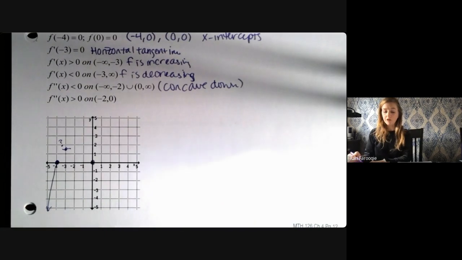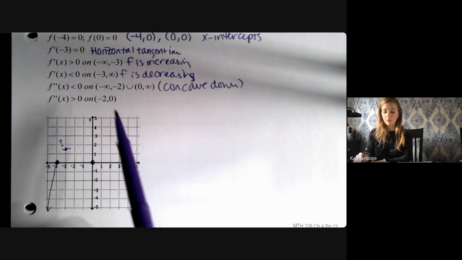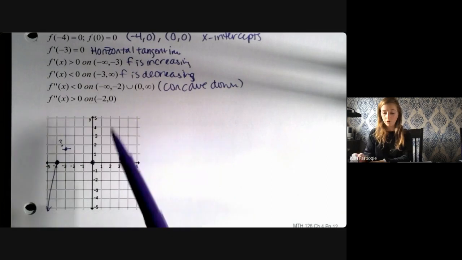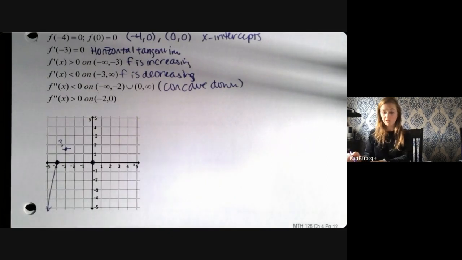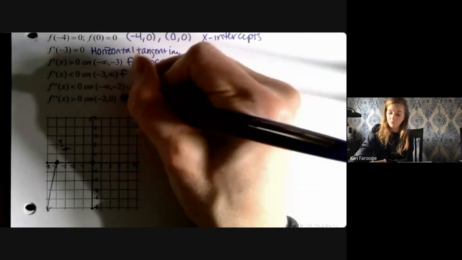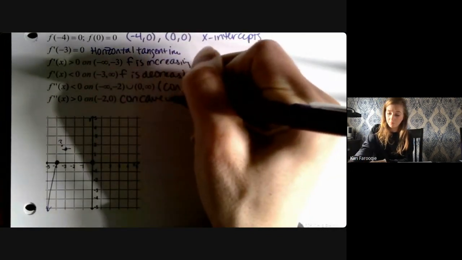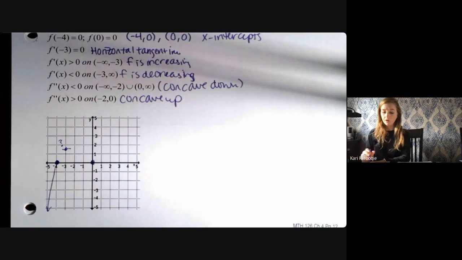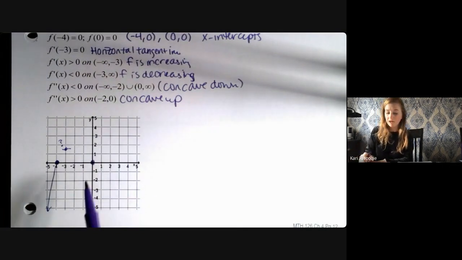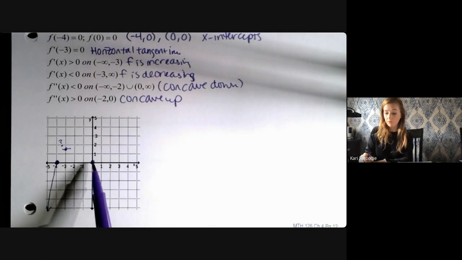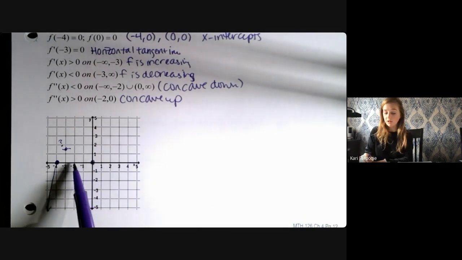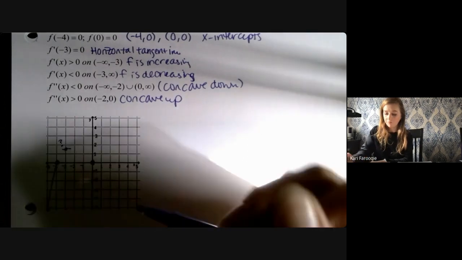So if it's going to be concave down from -infinity to -2, we at least have some sort of an idea about what it's doing on those intervals, and it's concave up from -2 to 0. I'm sorry, -2 to 0, it's concave up. And I know I have this point here at 0. So somewhere in between -2 and 0, it's concave up.